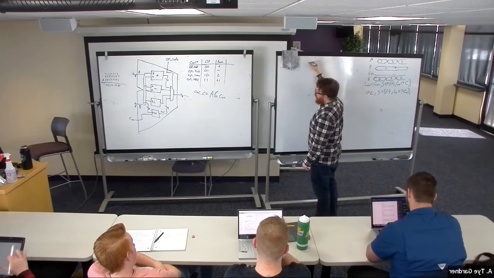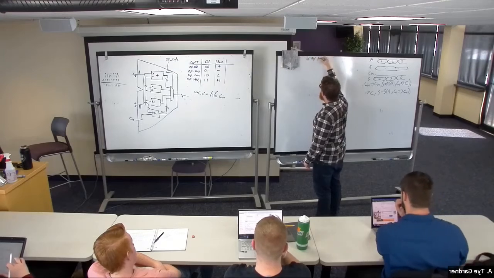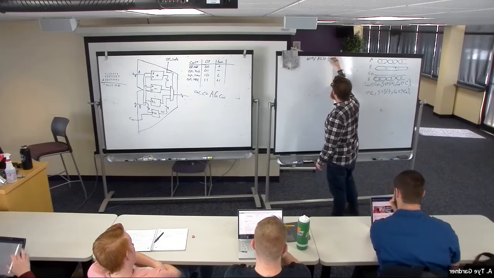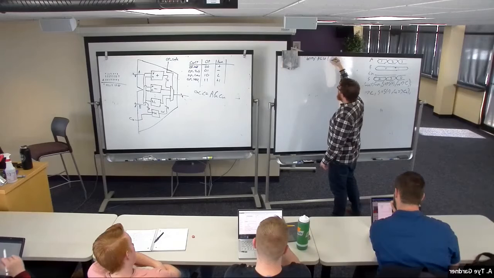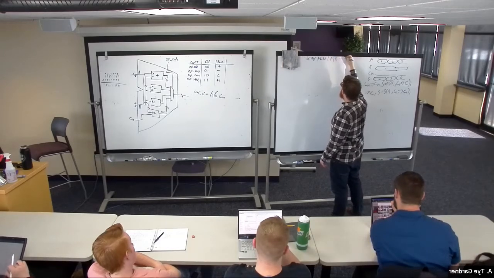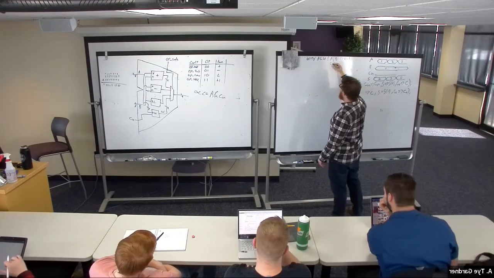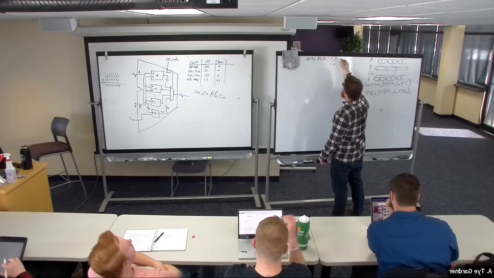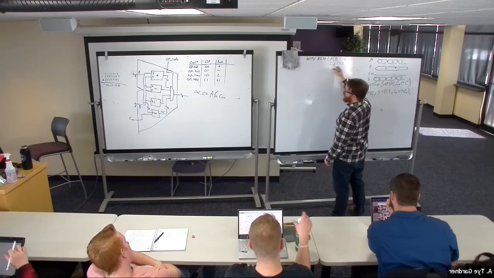So this is going to be the entity ALU, who has ports A, B, which are 7 down to 0, Cn, which is sorry, that needs to be a standard logic vector, but I'm not going to put it. This is just standard logic.